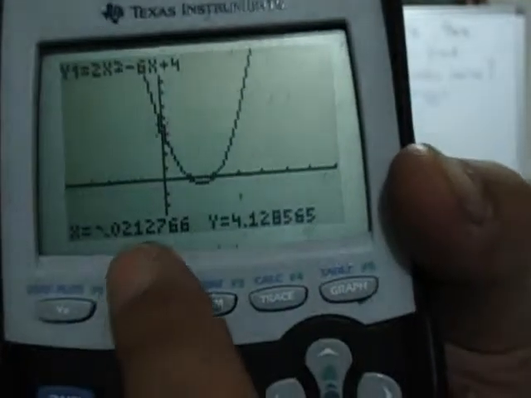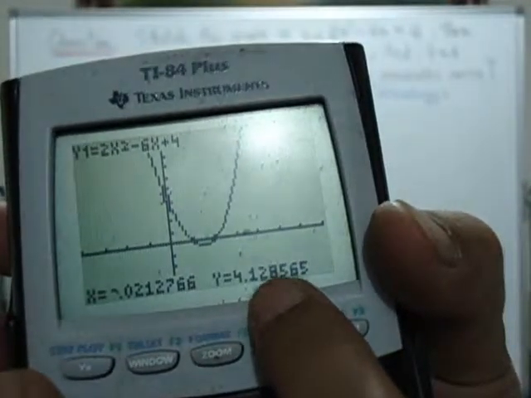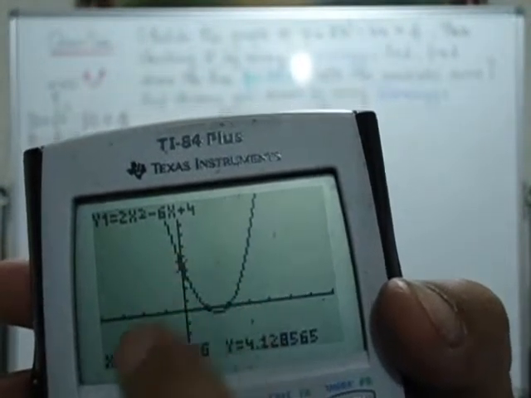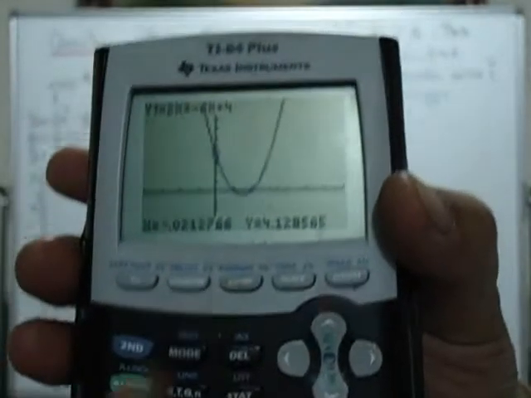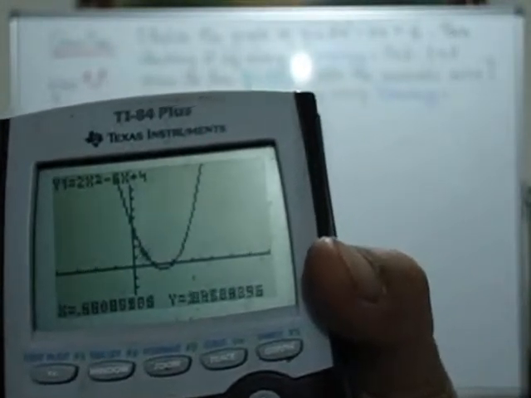So when x equals 0, y equals 4. With the calculator, it means x equals 0, y equals 4, and the x-intercepts are 1 and 2 here. We go down.